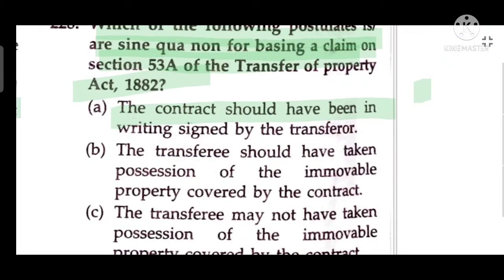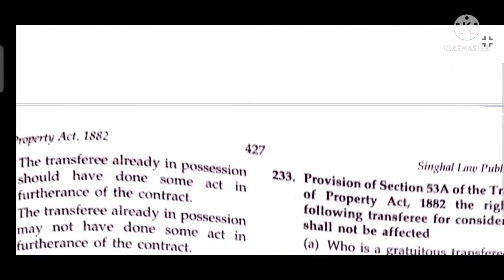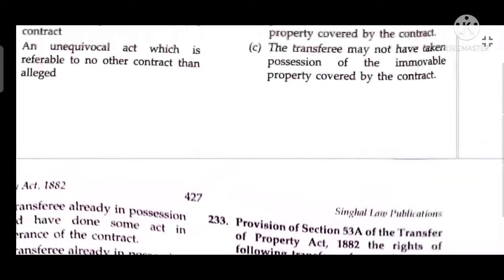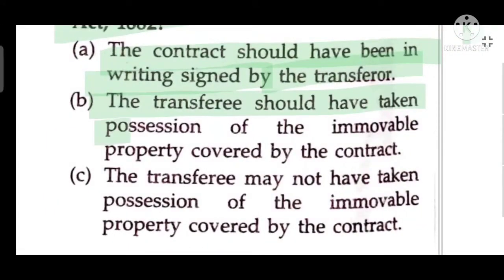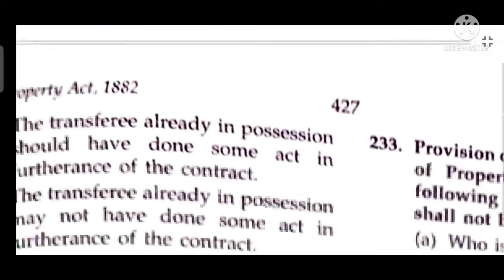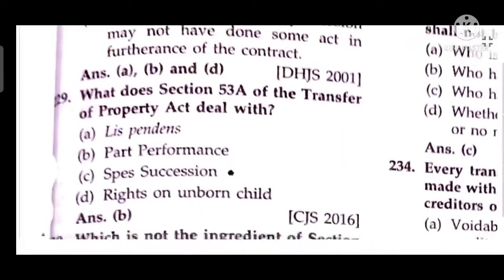The contract must be in writing, signed by the transferor. The transferee should have taken possession of the immovable property covered by the contract. The transferee already in possession should have done some act in furtherance of the contract.